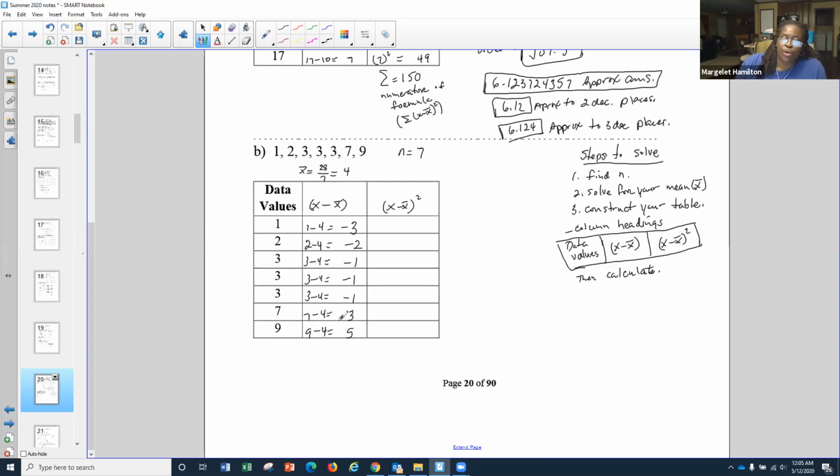How do you know if you're on the right track with this column? Here's a little hint. If you add this column up, it should equal 0. Let's give it a shot. You have 5 and 3, that's 8. 8 minus 1 minus 1 minus 1, that's 5. And then minus 2 minus 3, that's 5. So they cancel each other out.